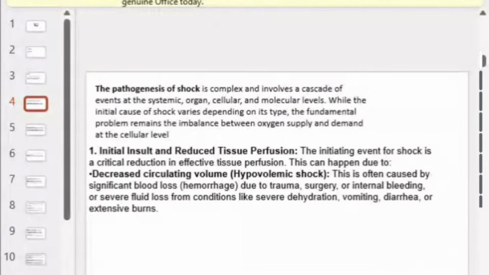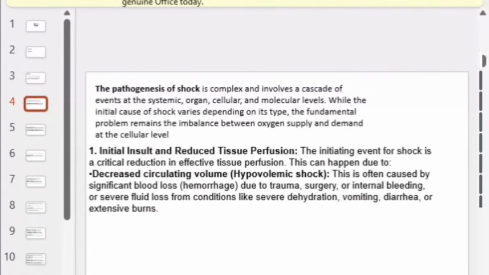After the hemorrhaging or the other causes of shock have taken place, tissue perfusion is reduced because of decreased blood volume, and this condition is called hypovolemic shock. This might take place when there's been a significant amount of blood loss, called hemorrhaging, which might happen with trauma, burns, or internal bleeding.